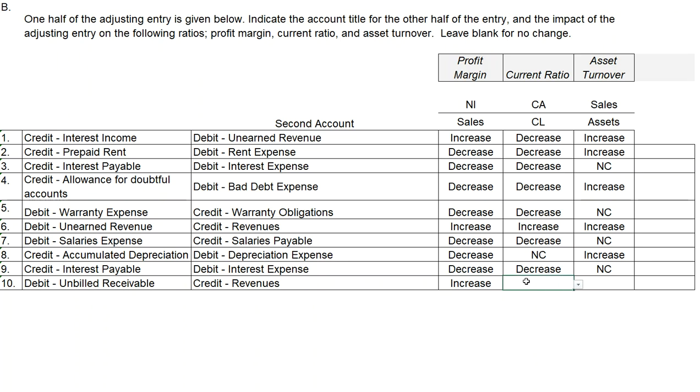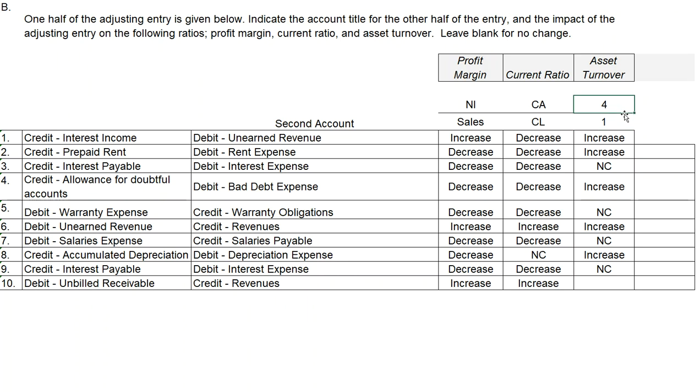So increase. Unbilled receivables, this is likely that someone's going to owe this money to us in less than a year. So our current assets have increased, which will increase our current ratio. And both sales over assets, both of these have increased. But generally, we have more in the way of sales. Let's consider the number 4 in sales for every dollar in assets.